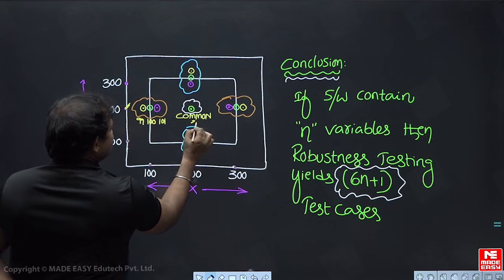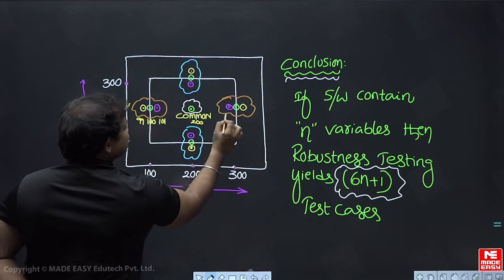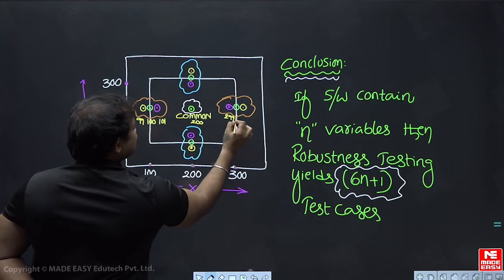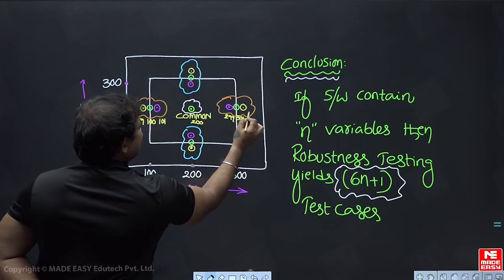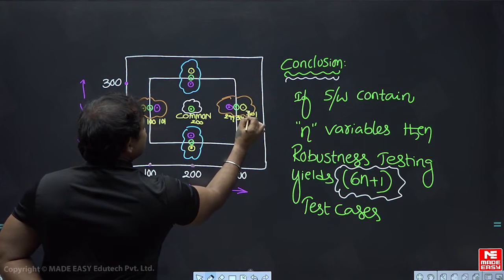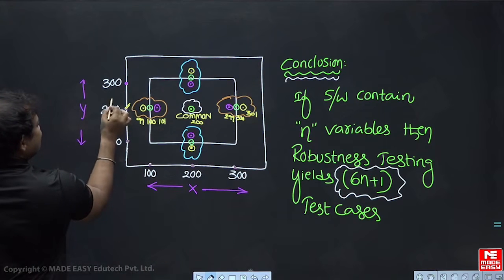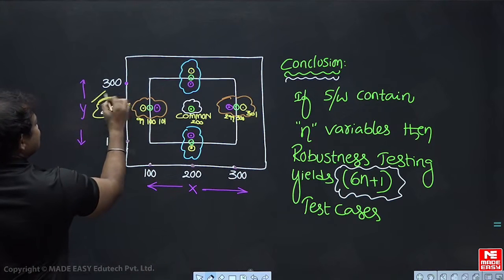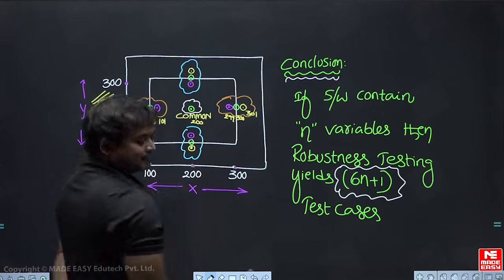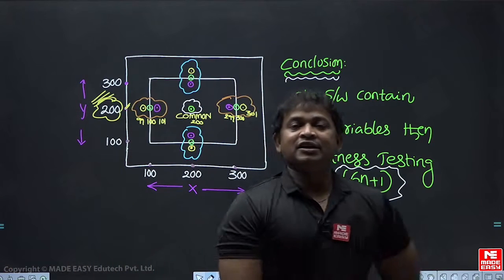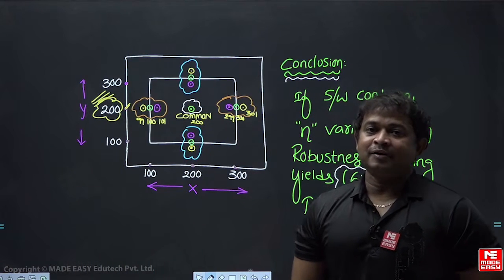Now the common 200. Next is 299, next is 300, and last is 301. So by keeping y in the center, we are testing the x.